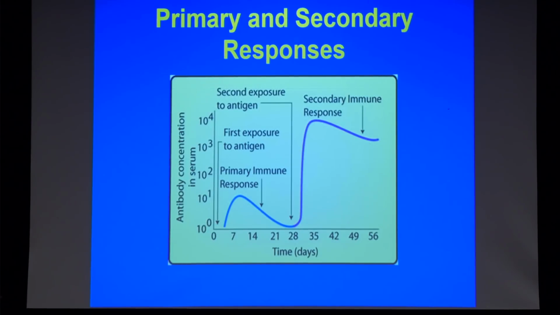So this graph shows, on the ordinate, the concentration of antibody in the plasma. Remember, these are antibodies that are secreted into the blood plasma. And then on the axis is time.